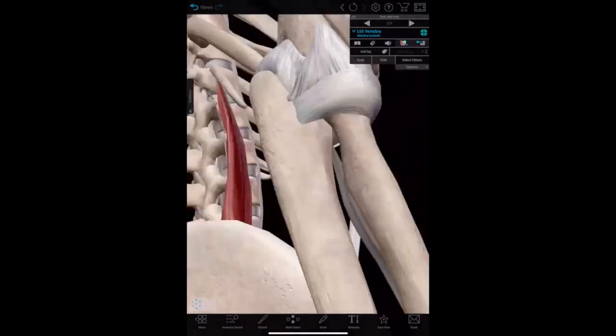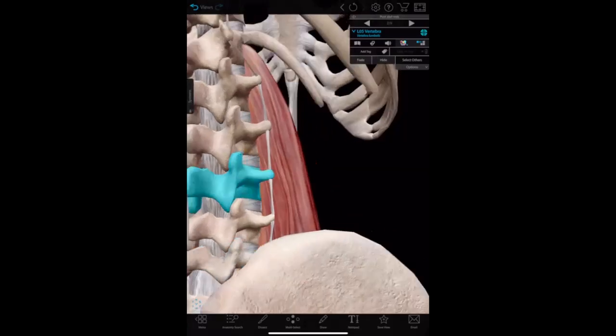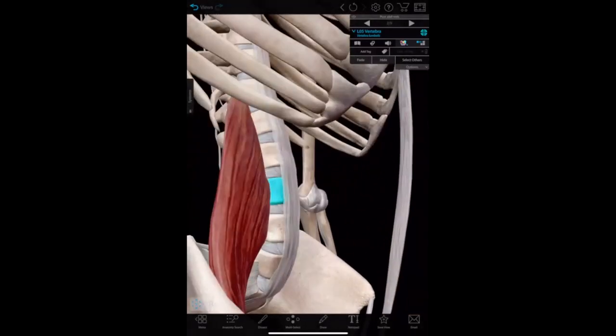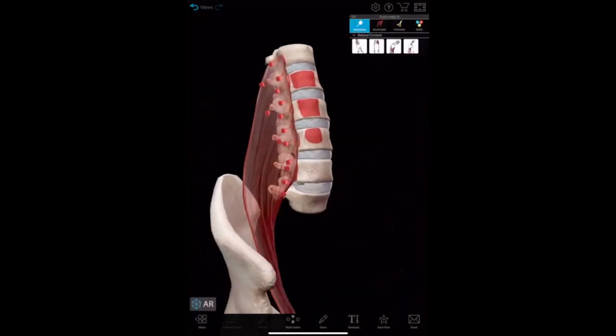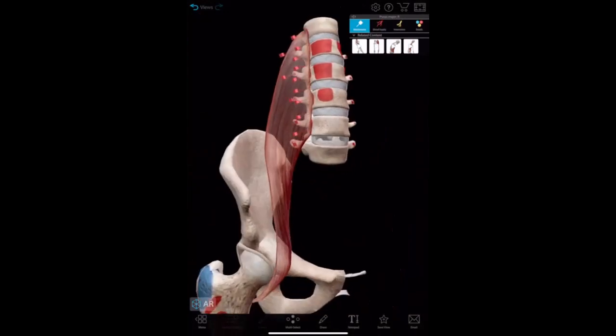and also the transverse processes of the lumbar vertebrae. You see, this is called the transverse process. I'll show you the attachments. Okay, origin.